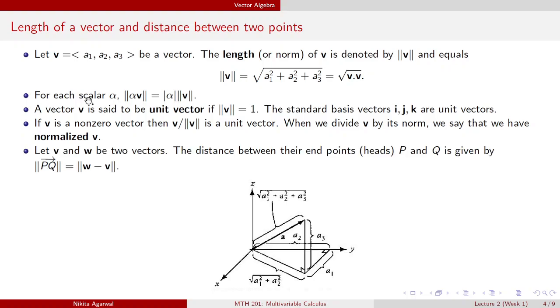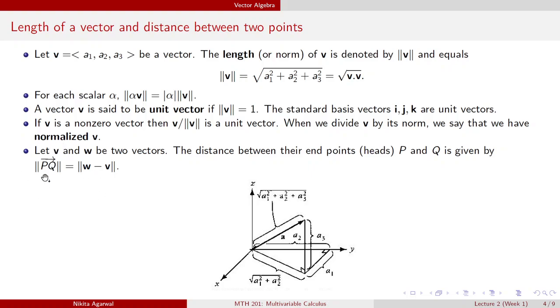Now let us talk about the distance between 2 points. So let V and W be two vectors. The distance between their endpoints or heads P and Q is given by, you remember last time we defined the vector joining 2 points P and Q. So if P and Q are the heads of these two vectors, then the coordinates of P and Q are defined completely; they are nothing but components of V and W respectively.